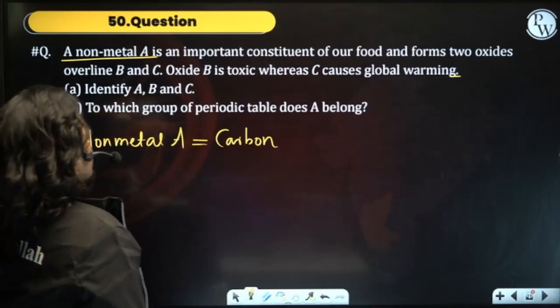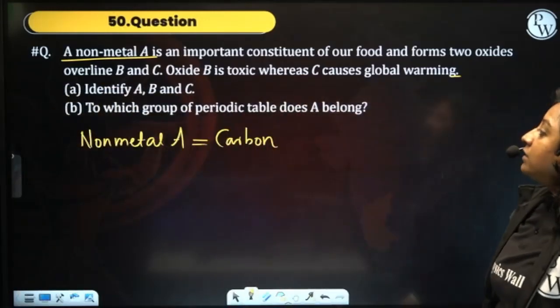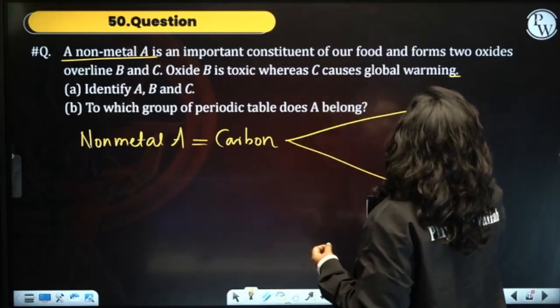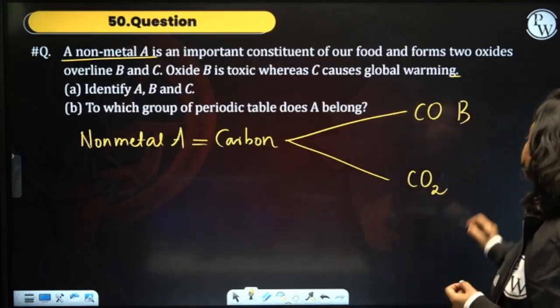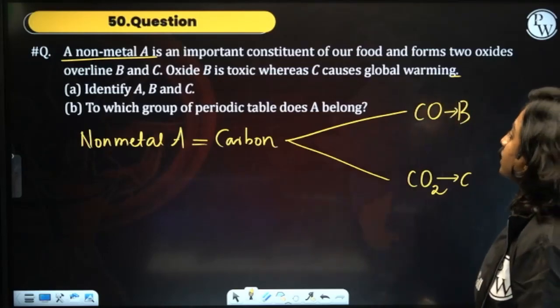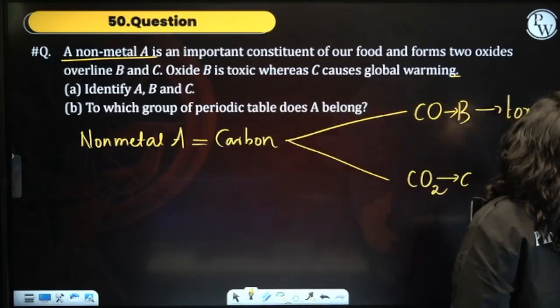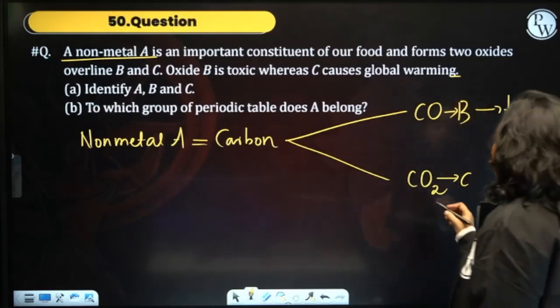It constitutes the major part of our food, forming two oxides, B and C. So we have carbon monoxide and carbon dioxide. Carbon monoxide is B, carbon dioxide is C. Now, B is toxic. Carbon monoxide is toxic. Carbon dioxide is causing global warming.